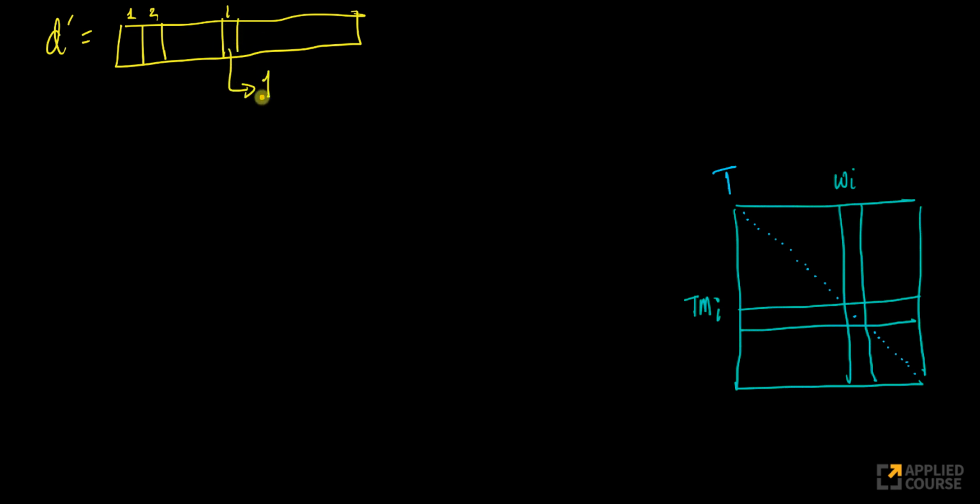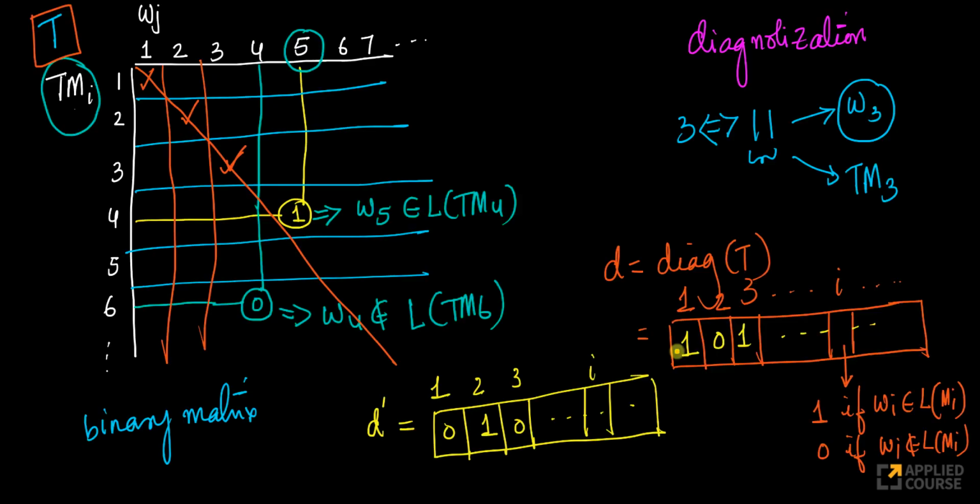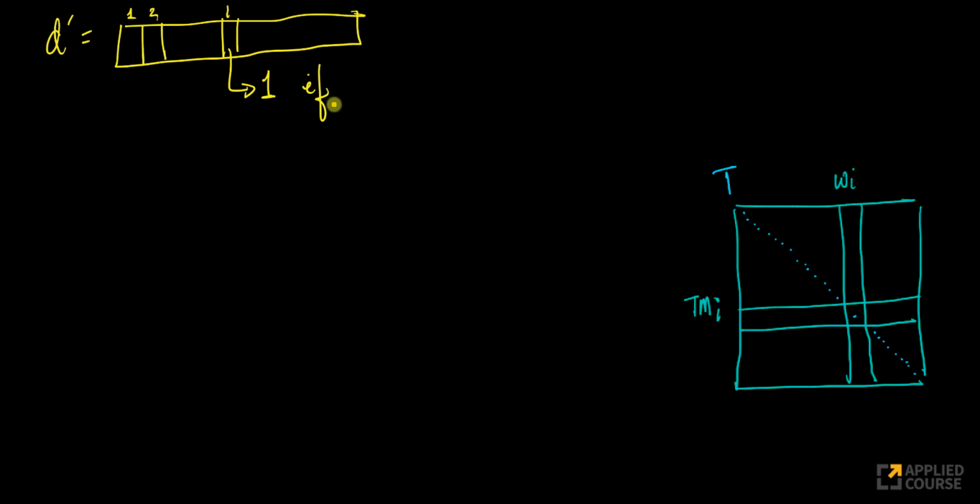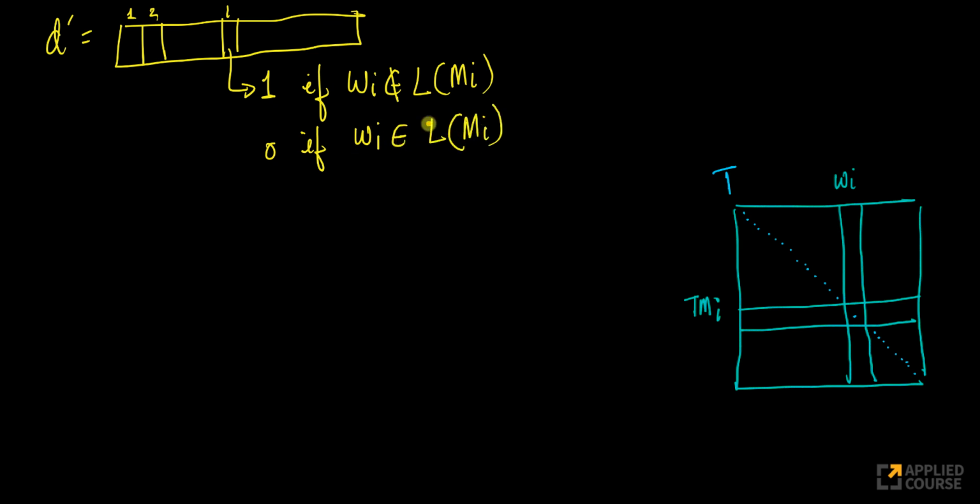This ith index will be equal to 1 because we have complemented it, so exactly the opposite of what we have written here happens. This will be equal to 1 if Wi does not belong to the language accepted by machine Mi. It will be 0 if Wi belongs to the language accepted by machine Mi.